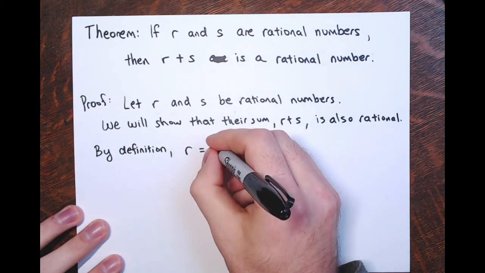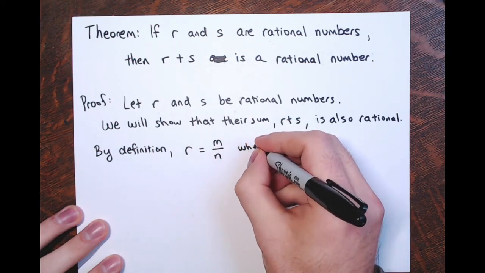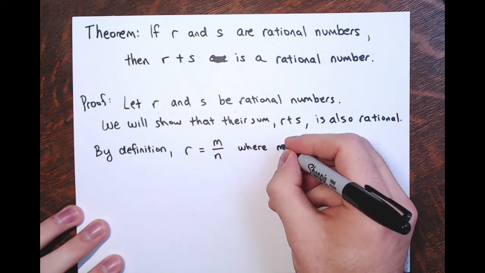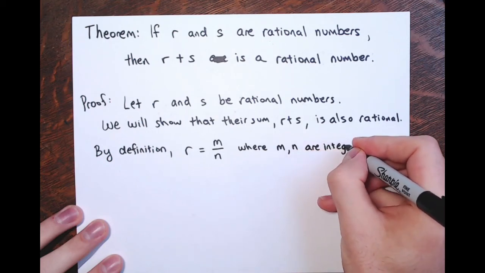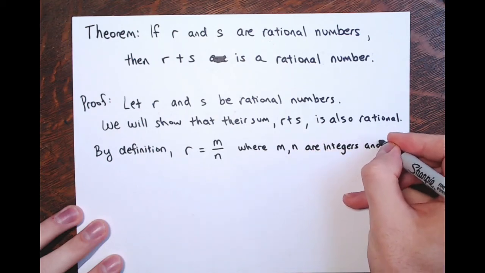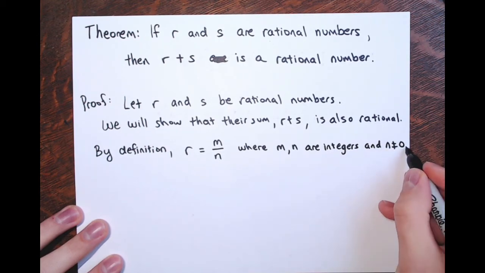Let's say m divided by n, where m and n are integers, and n is not 0.